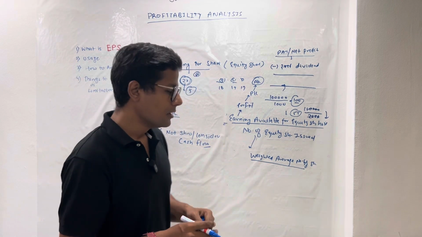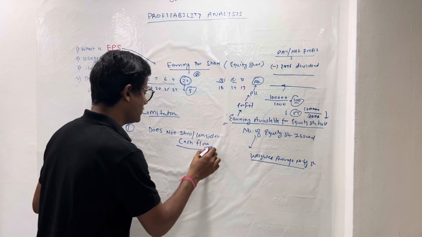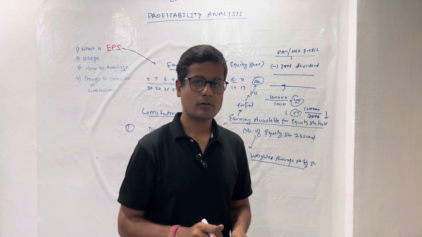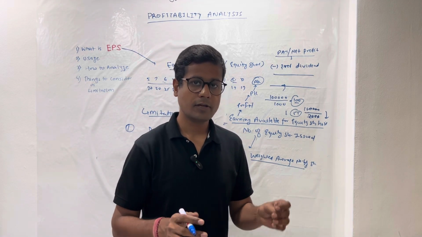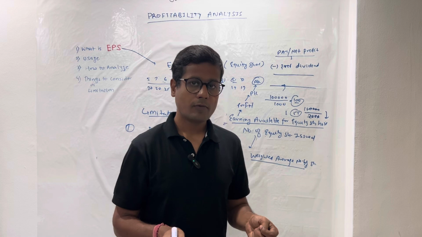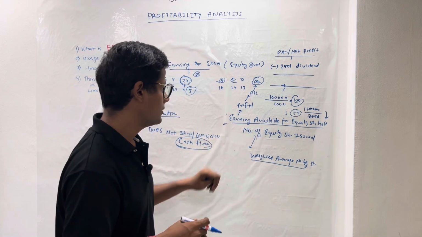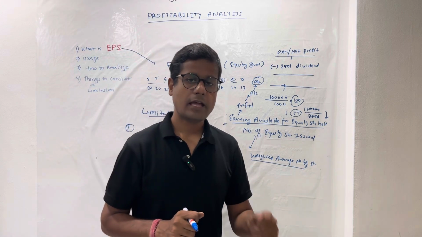It does not consider how much cash inflow and outflow is happening, because there may be cases where companies earn good profit, good net profit or EPS, but face a cash crunch.